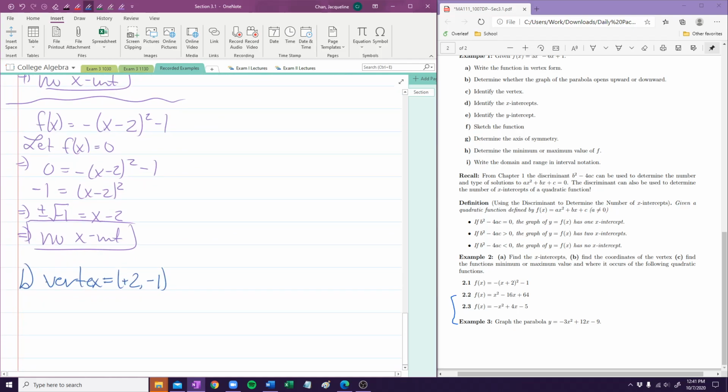So now let's prove it by using the vertex as negative b over 2a, f of negative b over 2a.